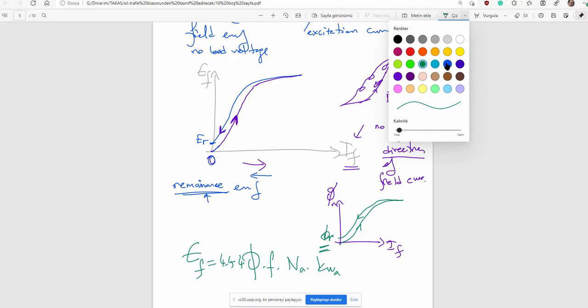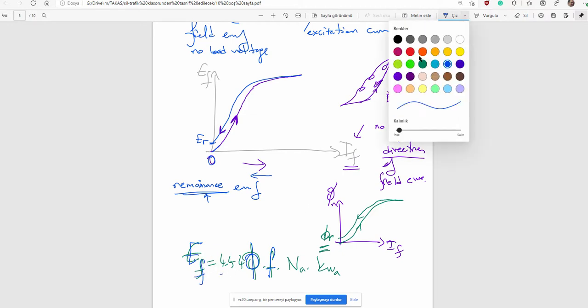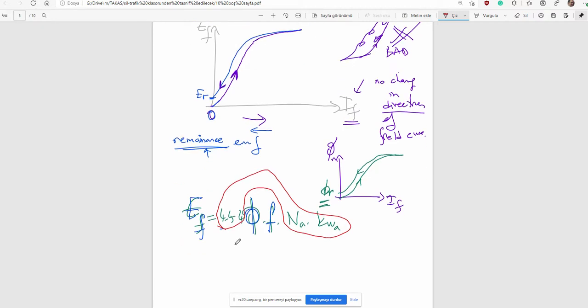Here are the two parameters defining EMF. The rest of the parameters come from the manufacturing process. After manufacturing the machine, you cannot change the number of turns or conductors. You cannot change the design.